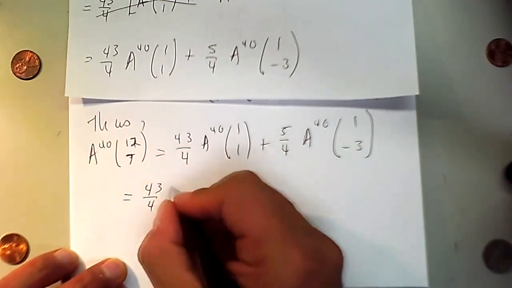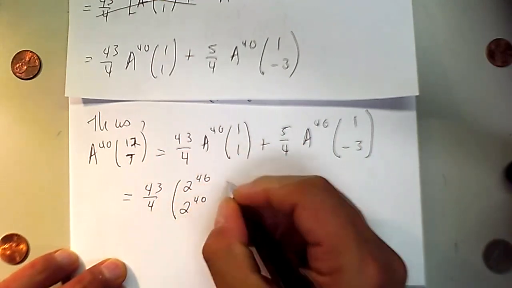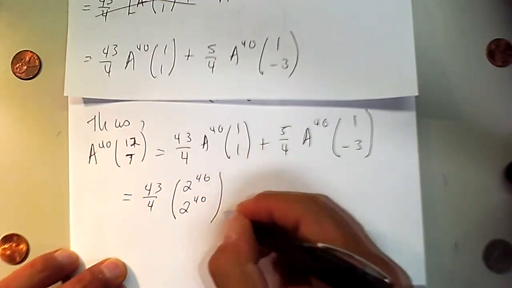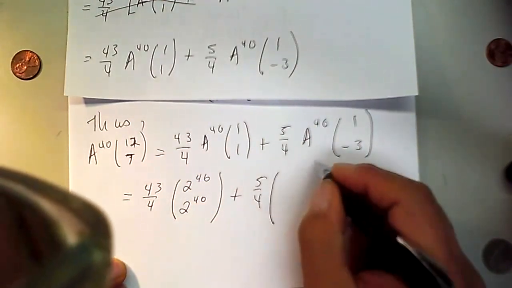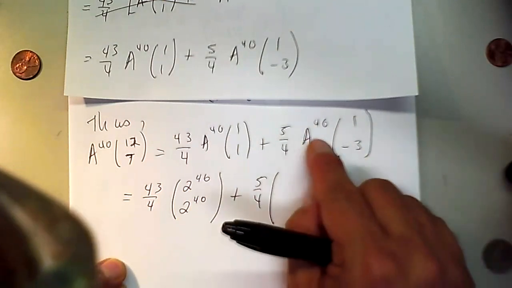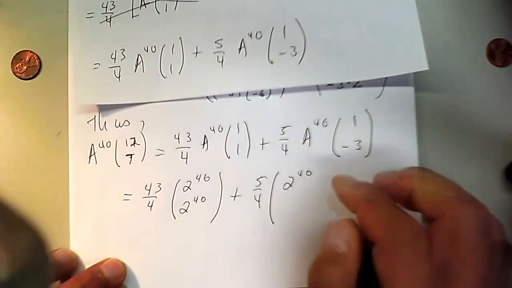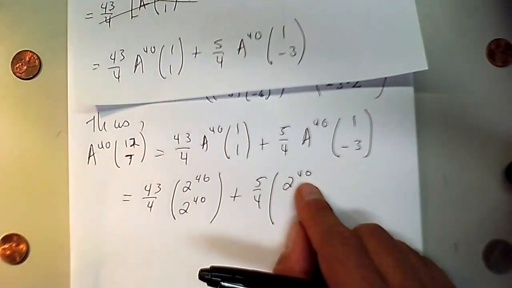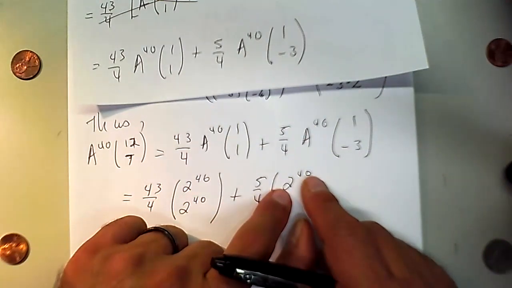So 43/4, and we have 2 to the 40, 2 to the 40. Plus 5/4, same thing here, negative 2 to the 40. Now, I'm going to put 2 to the 40 only because the exponent is even.